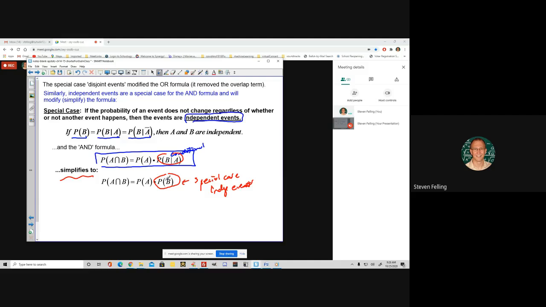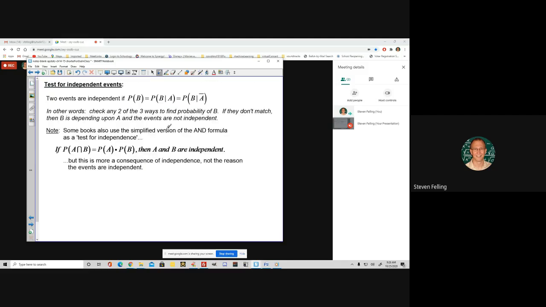Okay? And so for some reason, a lot of books, well, I understand the reason why, will say that the test for independence is not to see whether the probability of one thing is changing. It's to look at the special case formula where this is independent and see if it's true. Because the only way the special case formula is true is if these are independent.